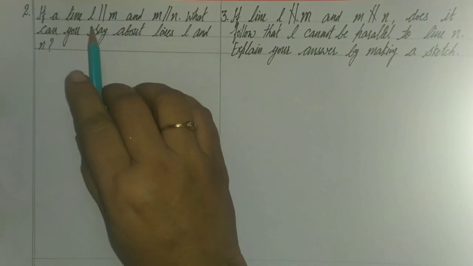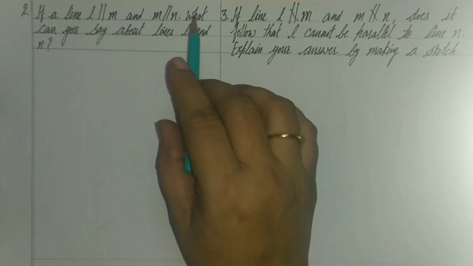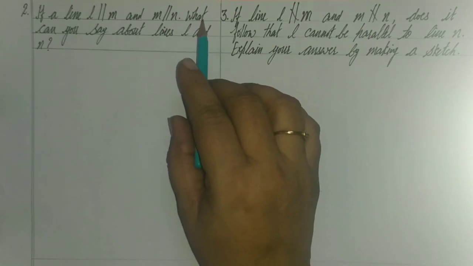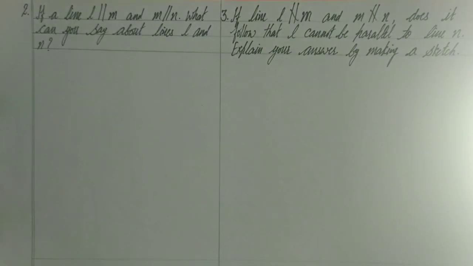If a line L is parallel to M and M is parallel to N, what can you say about lines L and N?